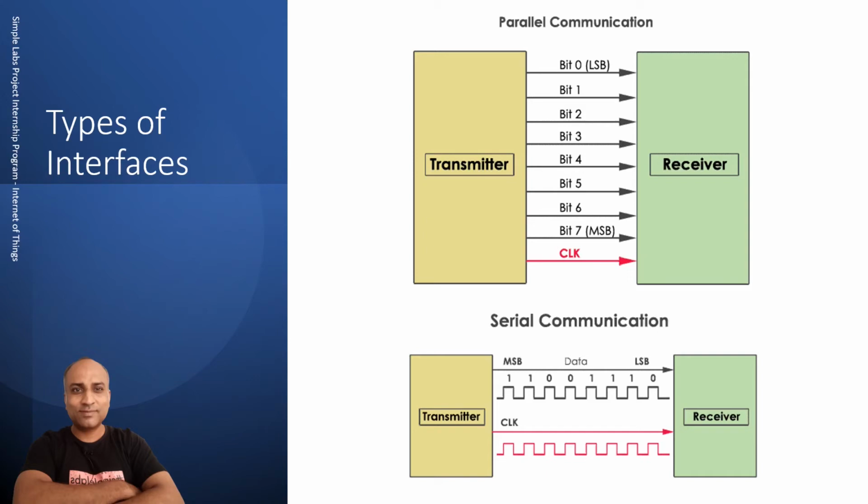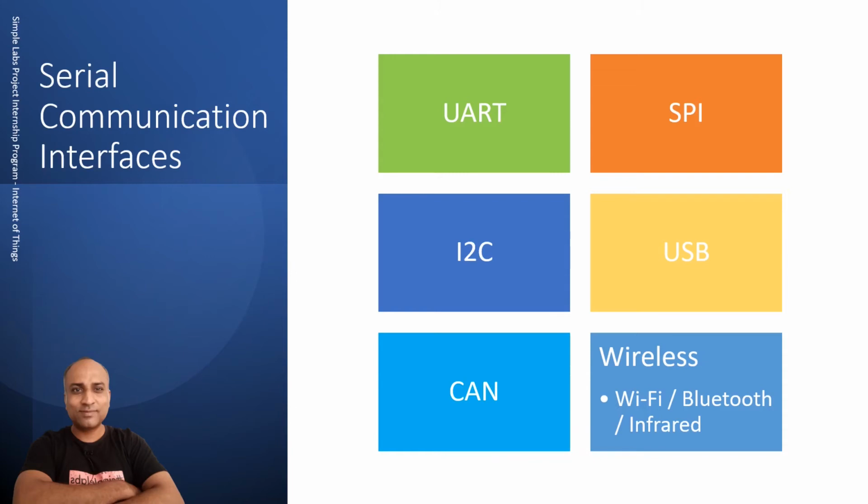Now, the majority of the communication we have today falls under serial communication. Like we have UART communication, then we have SPI, which stands for Serial Peripheral Interface, and we have I2C, which is Inter-Integrated Circuit communication. Then we have USB communication, which we all know.